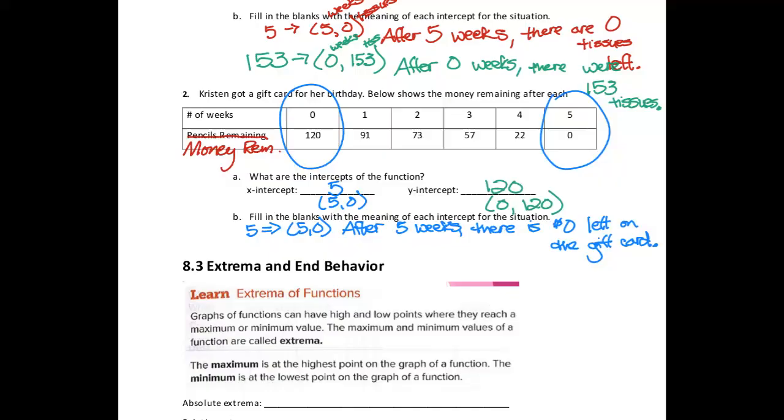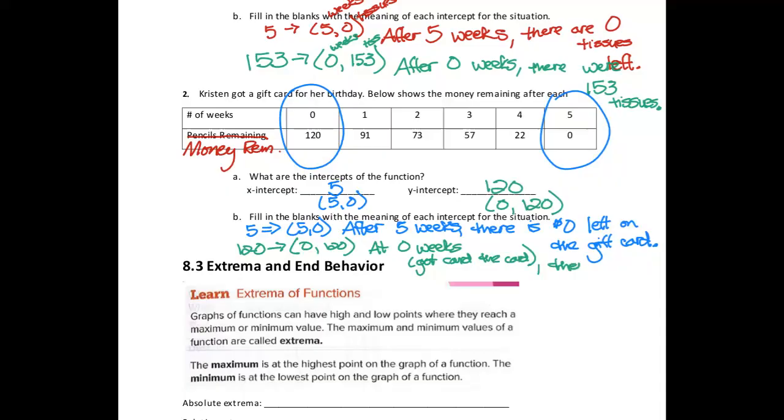Okay. Now, for my y-intercept. The y-intercept is 120. We know that is 0, 120. So we would say at 0 weeks, or another way to say that is when she just got the card, that might make a little more sense.